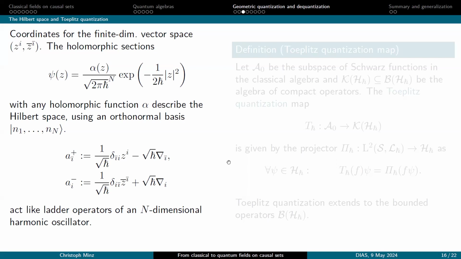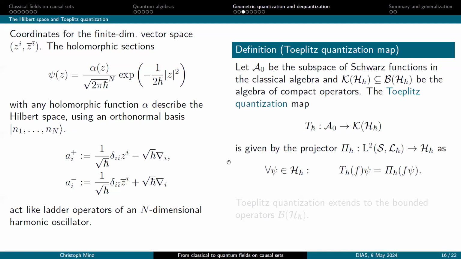And with these sections, remember, these are just a subset of all the sections of the line bundle, just for the ground state. We can actually project down to these. So we take any classical observable f, and we can project it. Or in fact, we can't do this mathematically with every one.